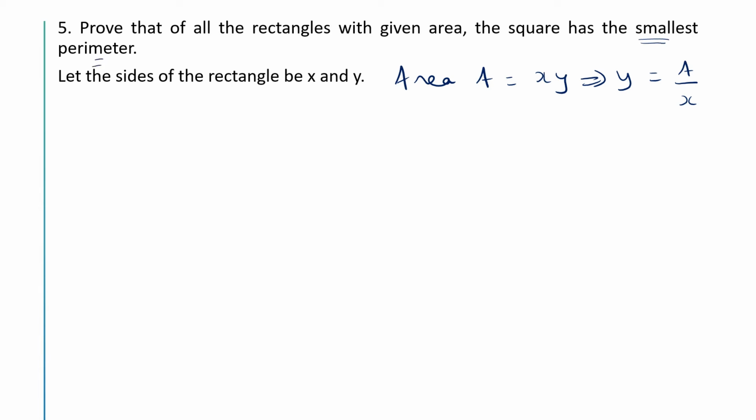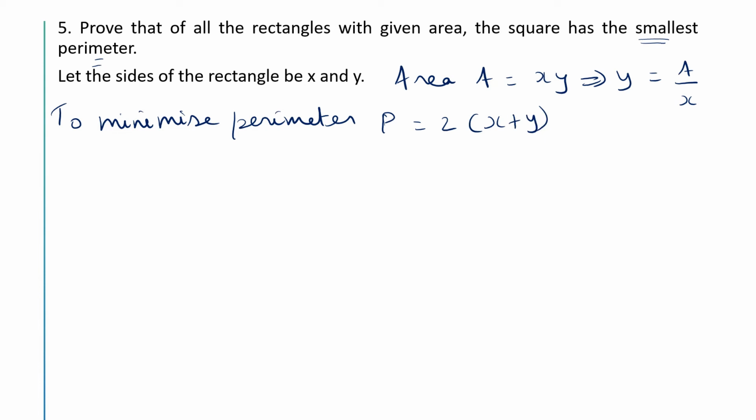So it means here we have to minimize the perimeter. So to minimize the perimeter P, the perimeter of the rectangle is given by 2 into x plus y. So here we have 2 into x plus a by x.